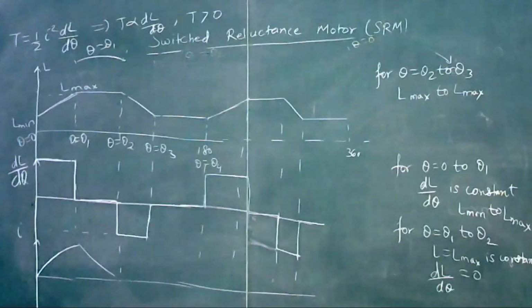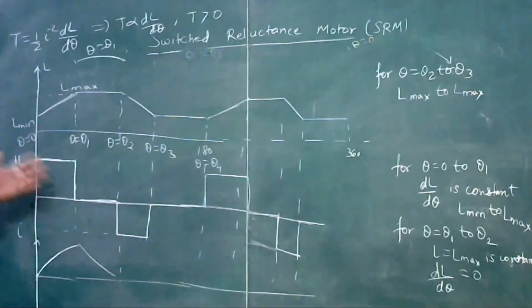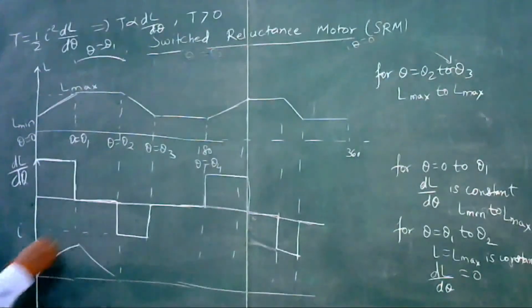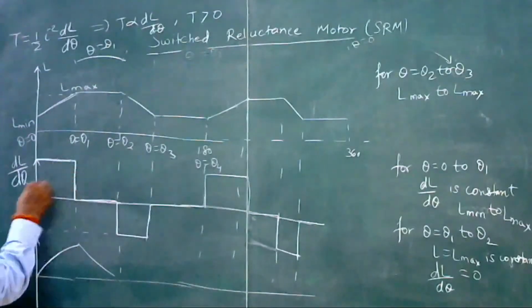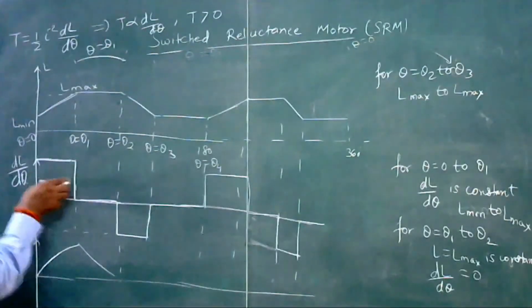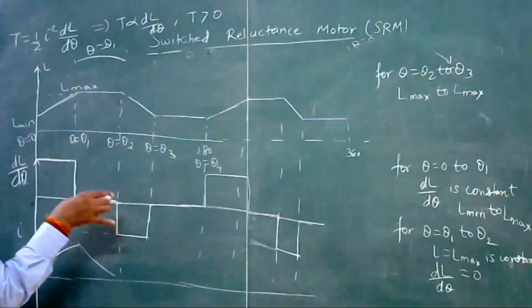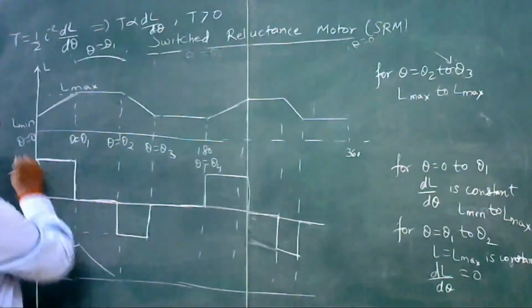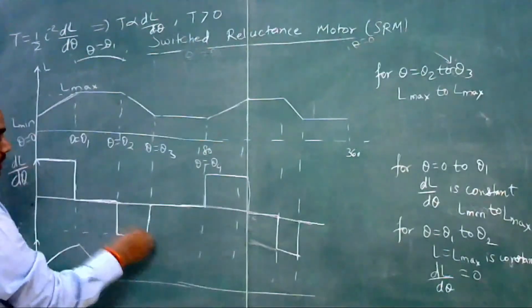So that's why, for getting positive average torque, we always switch the current when dL by d theta is positive. dL by d theta can be positive and negative. And for negative torque, you can switch the current when dL by d theta is negative.